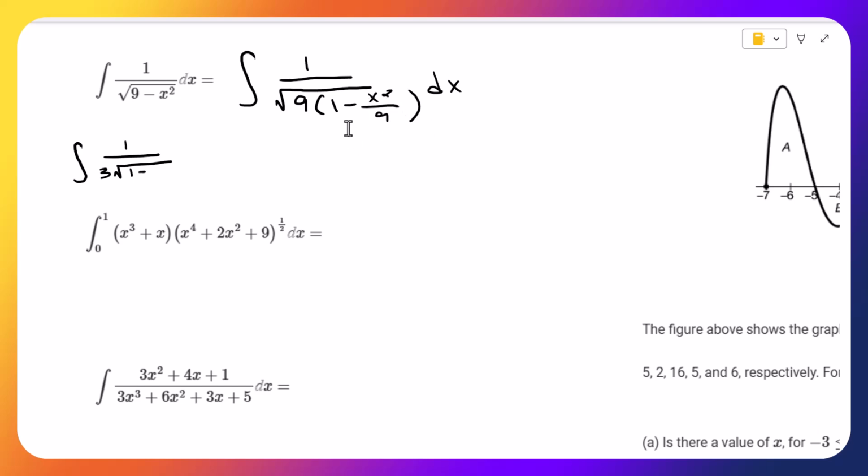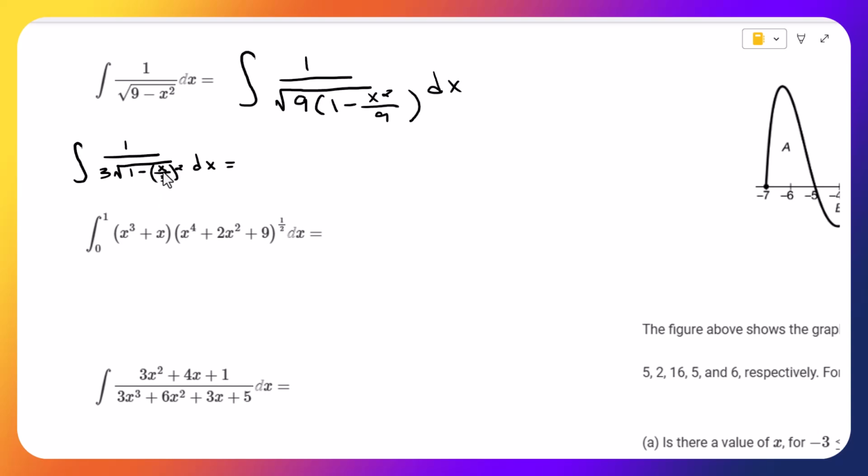If I take this square and distribute it to the whole thing, the square root of 9 is 3, so I get x over 3 squared dx. Now this is looking almost exactly like my arcsine, because I have 1 over the square root of 1 minus something squared.